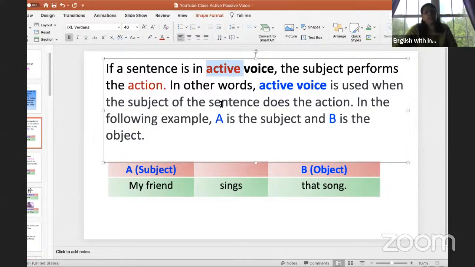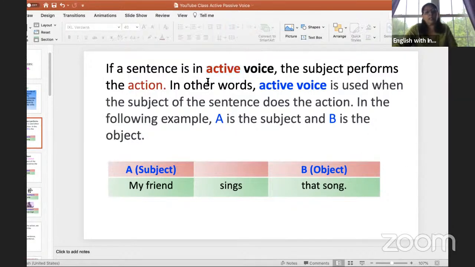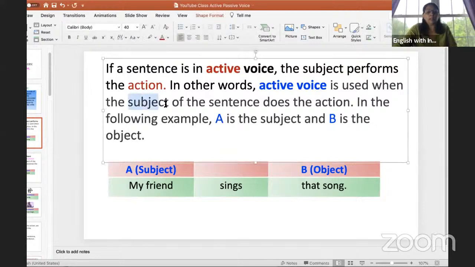In other words, this is the definition, and I just put it in the simple form. I wrote it in two ways so you can understand better. Because I always say there are some forms in English where you use simple English. So this one is a very simple way to understand, right? The active voice is used when what? The subject of the sentence does the action.